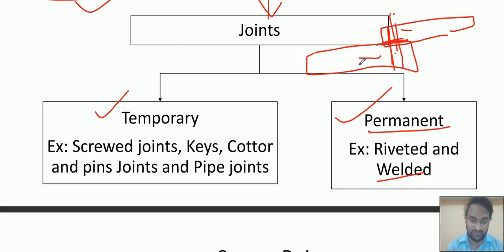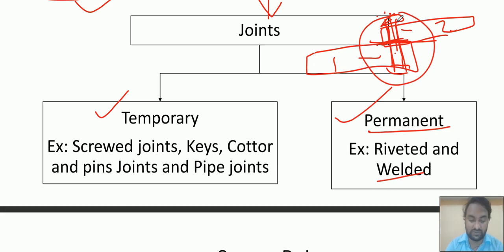It means we will put both holes on top of each other, and then we will insert a rivet, and we will hammer the head of the rivet by putting it on the anvil, and it is fixed permanently. If we have to remove part 1 and part 2, then we have to cut the rivet, only then can we remove it.